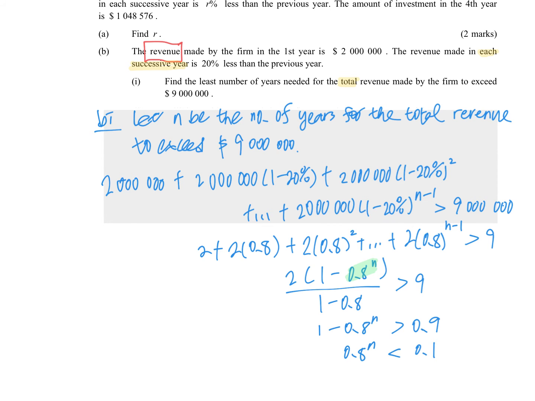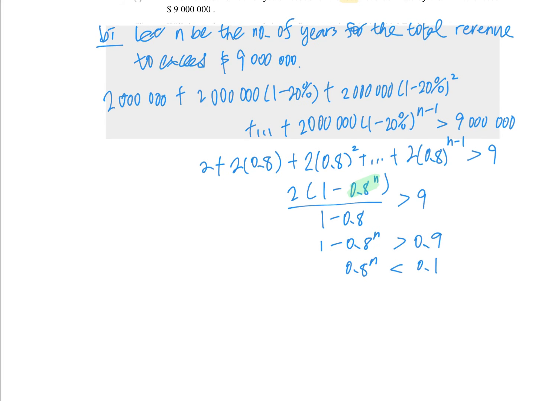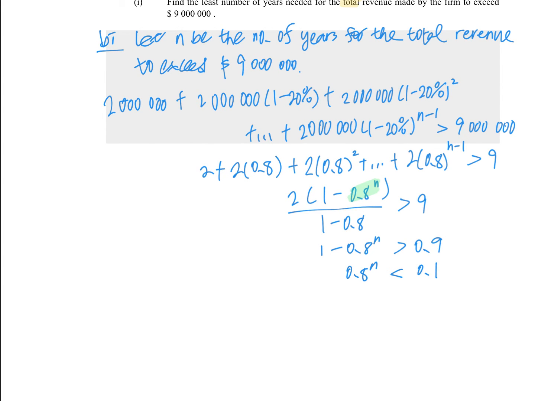Of course, I will take logarithm on both sides of the inequality and then pull down the power n using the logarithm property. Next, very important, you can make use of your calculator to evaluate the numerical value of log 0.8. Well, that would be negative, am I correct?